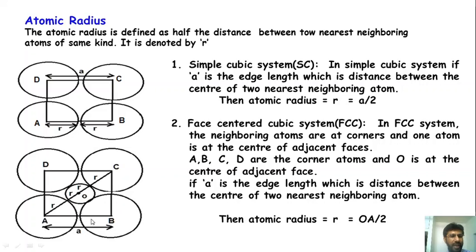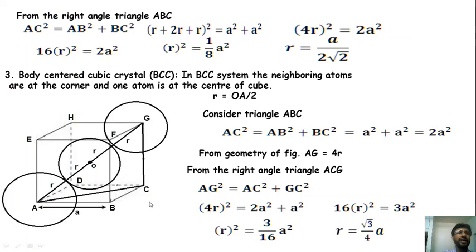Now AB is equal to a and BC is also equal to a. Therefore, we get 16R square equals twice a square, and so R is equal to a divided by 2 root 2. Here R is the atomic radius for the FCC type of system.